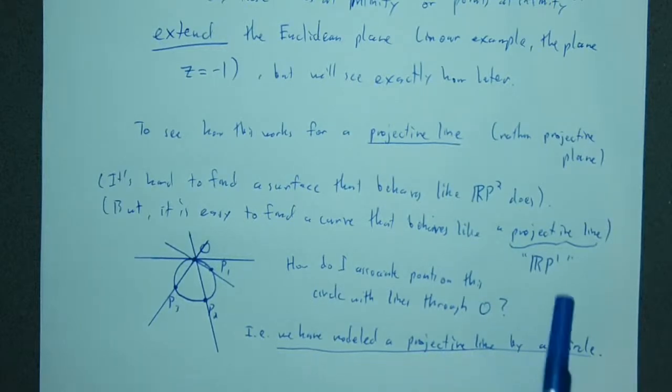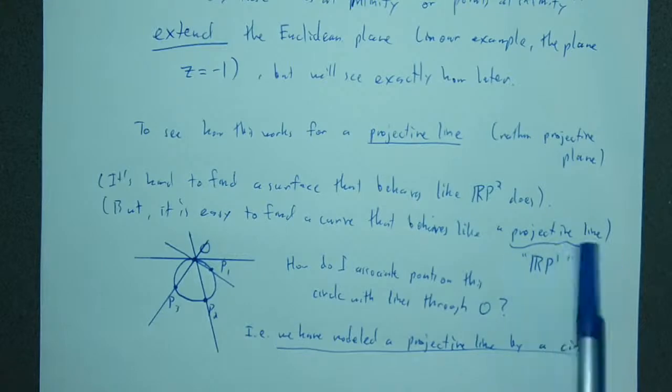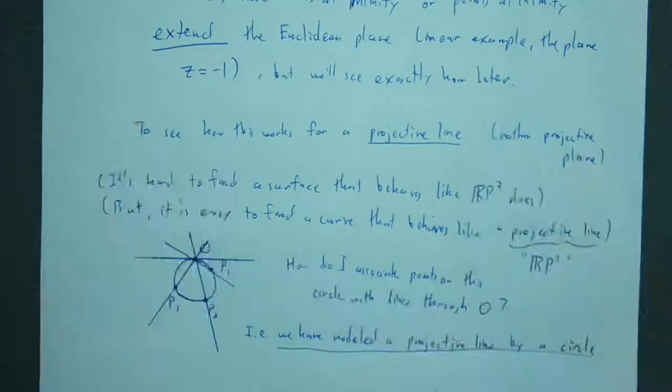The idea here is that RP1 would be a line consisting of a bunch of points, those points corresponding to lines in the same way that the points of RP2 were lines through the origin. So here, our points on this circle correspond to lines through the origin O.